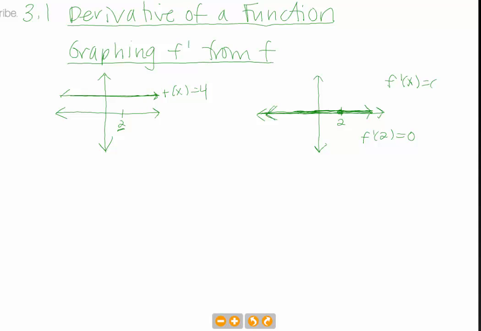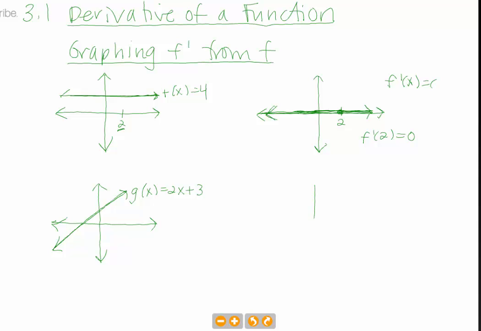Let's look at another example. Again, I'm just sketching here. Let's say that I have g of x equal to 2x plus 3. Now again, that derivative represents slope. So everywhere along this line, the slope is always going to be 2.